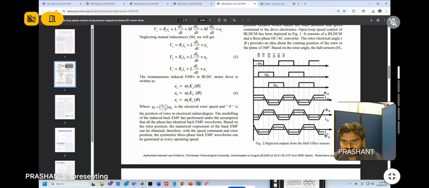It will be a better view. 1, 2, 3, 4, 5, 6. Coming to this here.